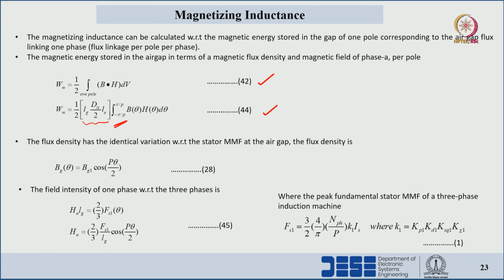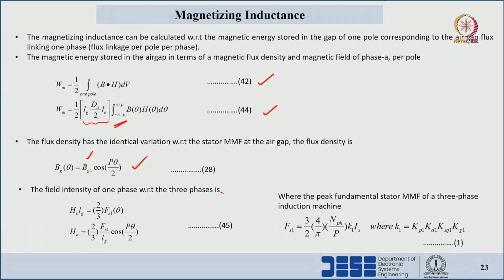Now, the flux density has an identical variation with respect to the stator MMF at the air gap. The flux density value we have considered is a cosinusoidal function: Bg is equal to the maximum value into cos theta electrical.